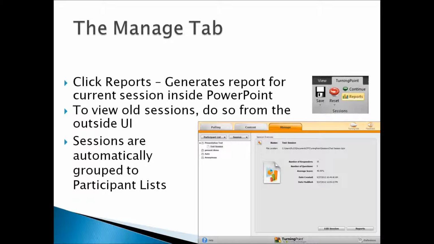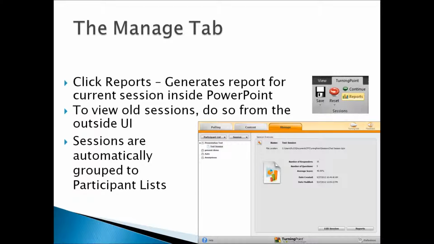And if you'll notice on the left of the user interface, a little bit beneath the polling tab, you'll notice a list of participant lists. And if you'll look, there is a white sheet named test session underneath presentation test. That is a session file that has been saved to that participant list.